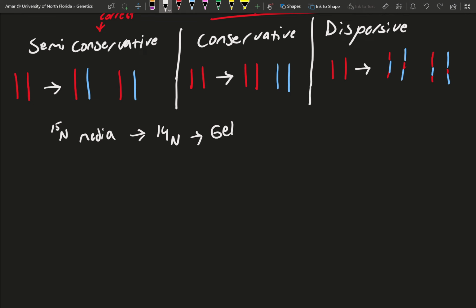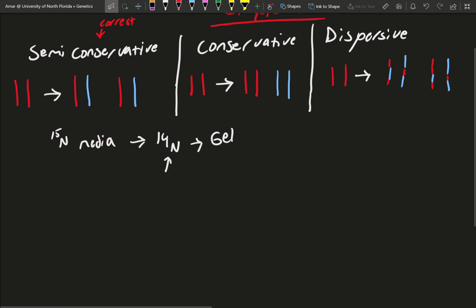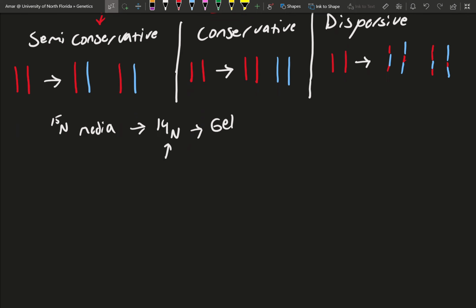What you're trying to see here is how that N14 is being incorporated into the DNA, and that'll give you a clue on what kind of mechanism of DNA replication is occurring in this organism.